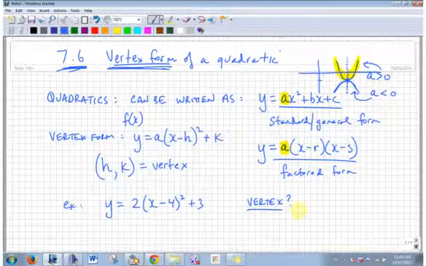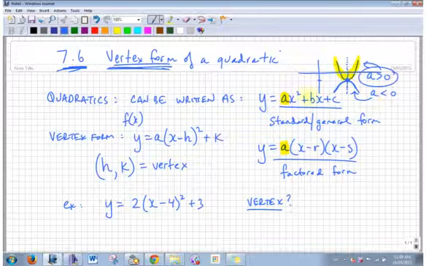Axis of symmetry is always x equals something. Vertex is always a coordinate point. So you could just put this in your graphing calculator and calculate, is it a minimum or a maximum here? How do we know it's a minimum? Because it opens up. Because A is, yeah, positive, right?